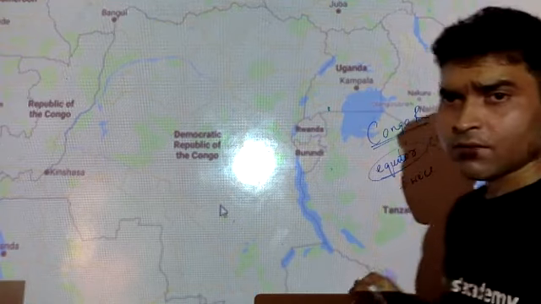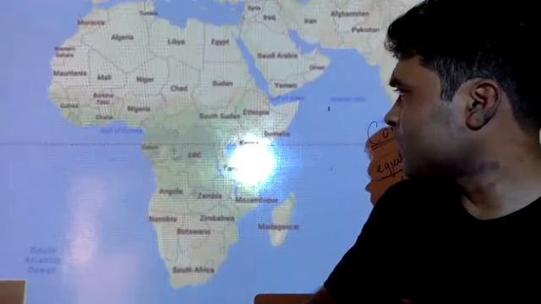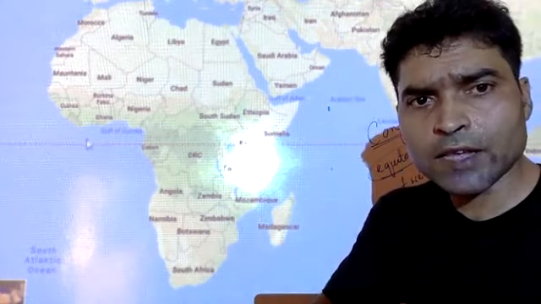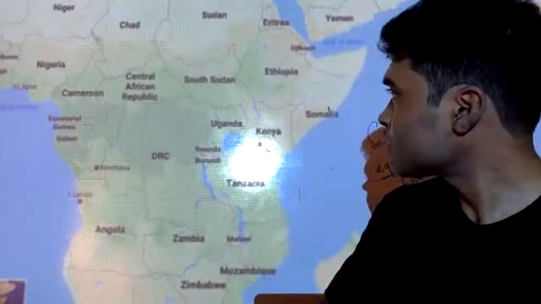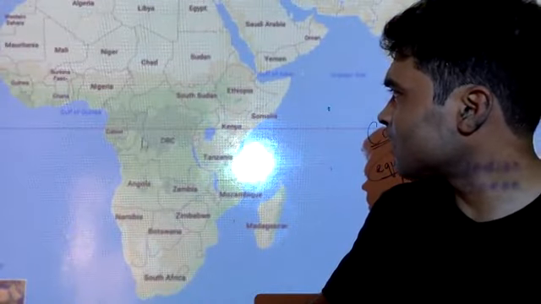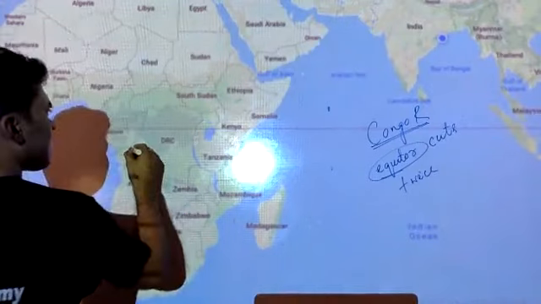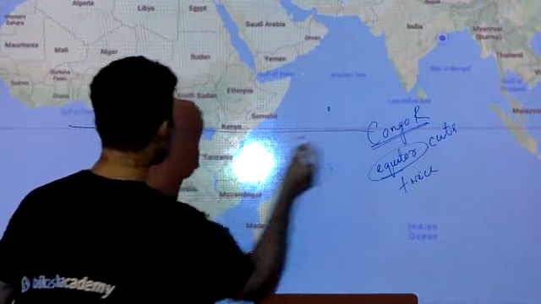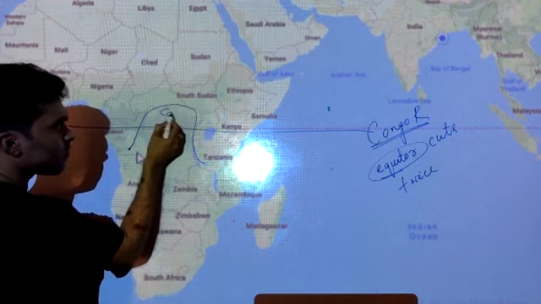I'll show it right now. You just see here. Suppose this is the equator. I think you got this point, equator. And you just see this river. Here is the river and it is cutting like this. Just see, this is the Congo River, and it is moving like this.